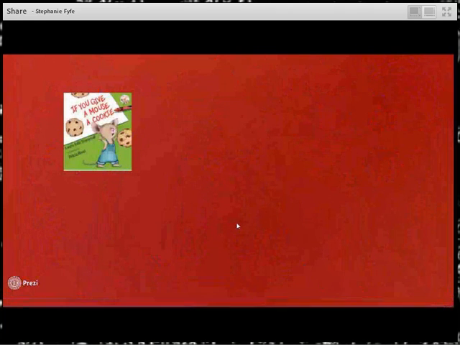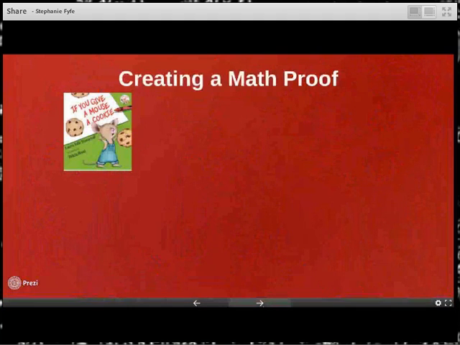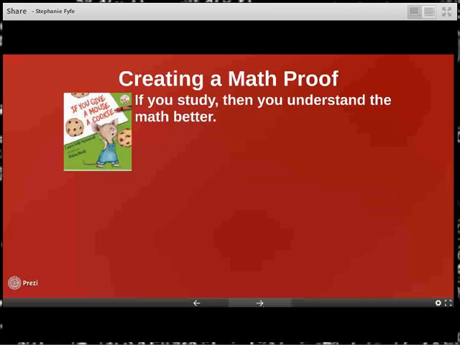When you think about a mathematical proof, it's a lot like the story If You Give a Mouse a Cookie. If we set up our if-then statements so that they follow progressively, we get a connecting true story. If you study, then you understand math better.